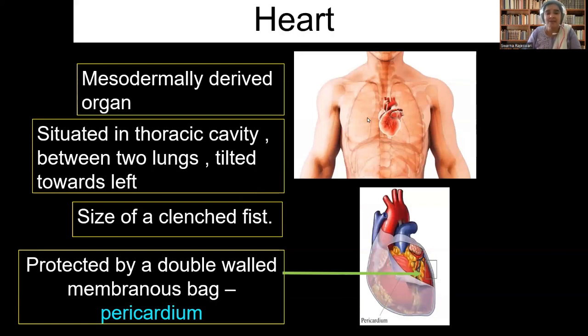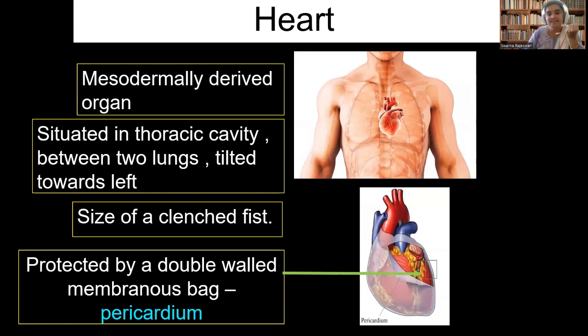You can see it is situated in between the lungs and slightly tilted towards the left. When we see the size, it is the size of a fist when we fold our fist.